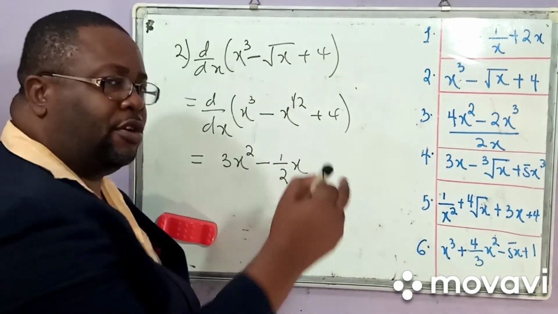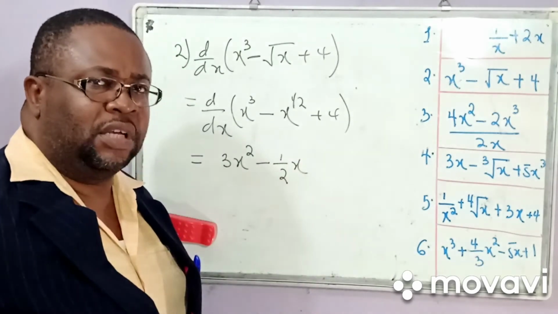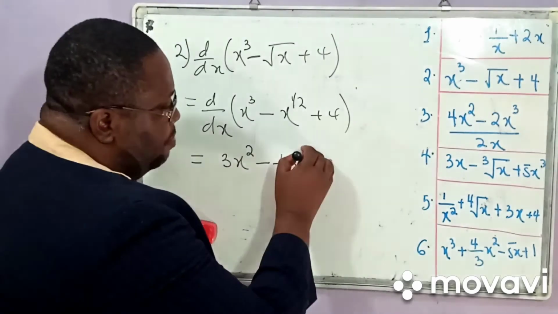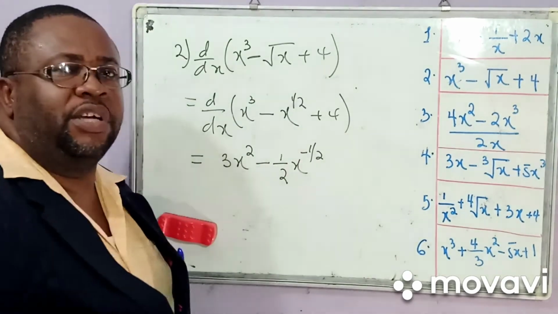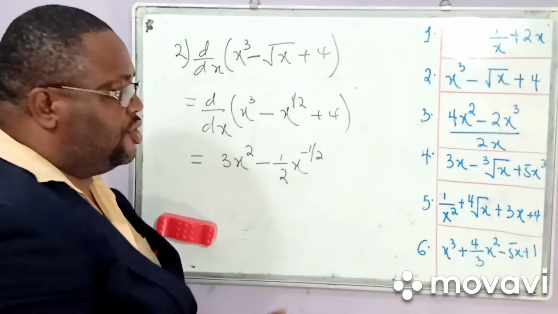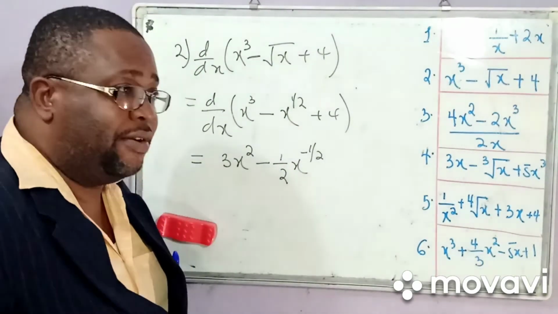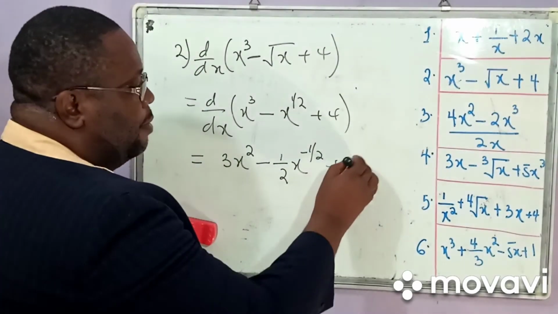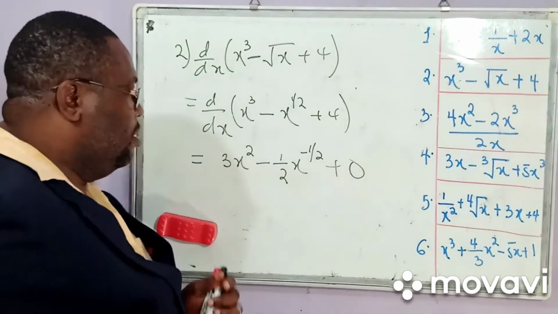Now half minus 1 gives me negative half. So I simply have negative half. This is a constant. 4 is a constant, no variable attached. So when I differentiate 4, I simply get 0. I don't need to do anything there, but for the purpose of clarity, we can simply add 0.